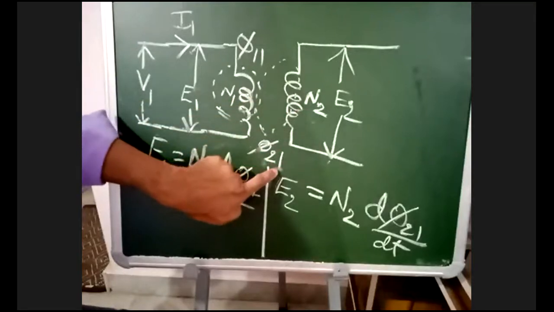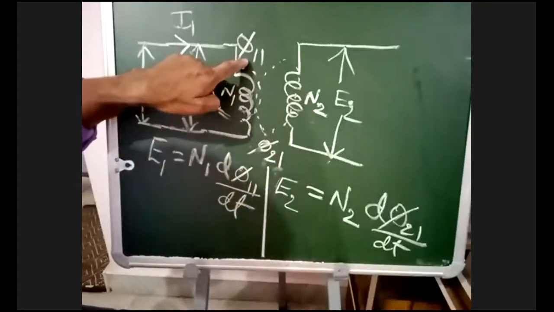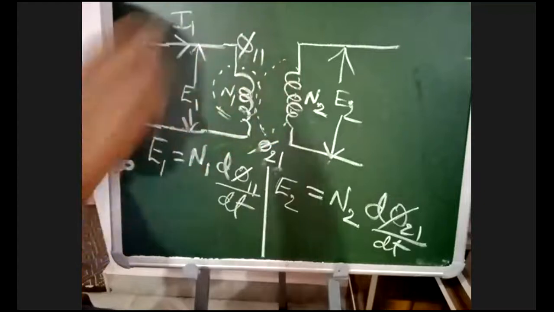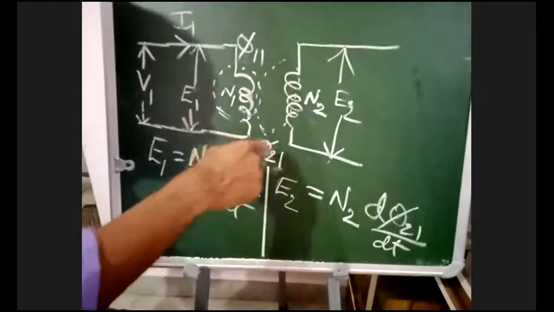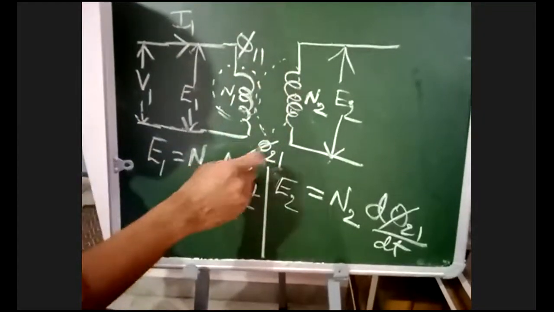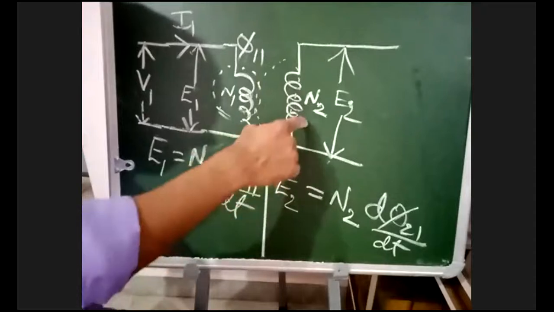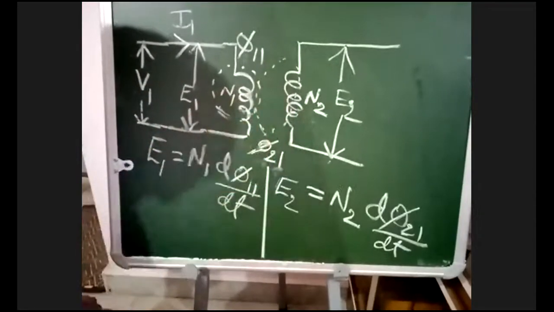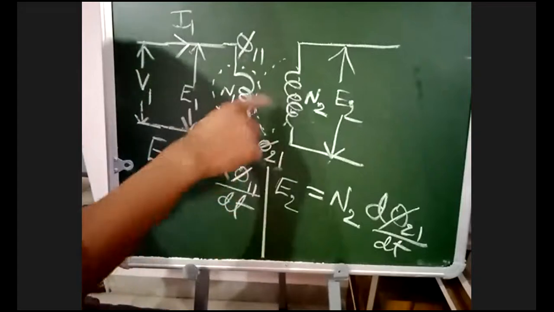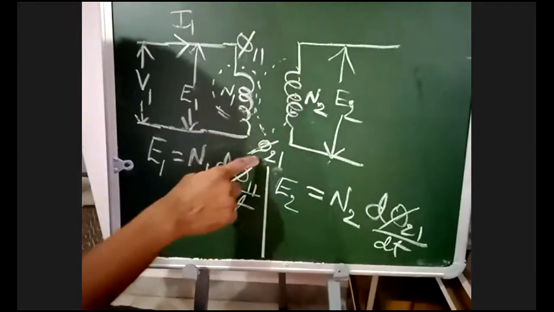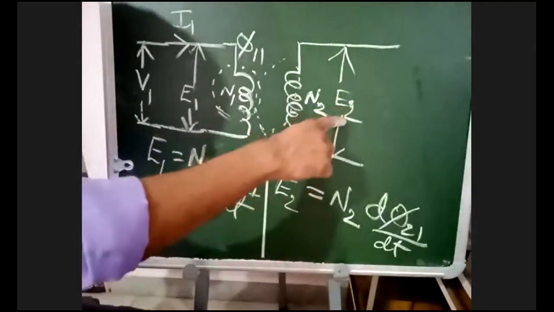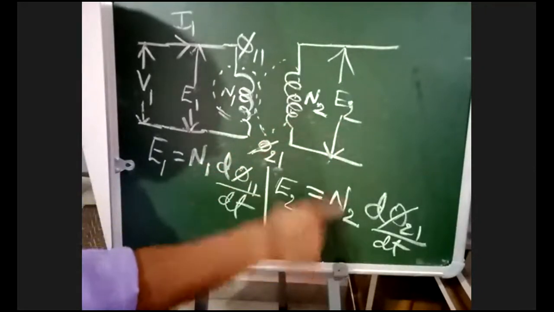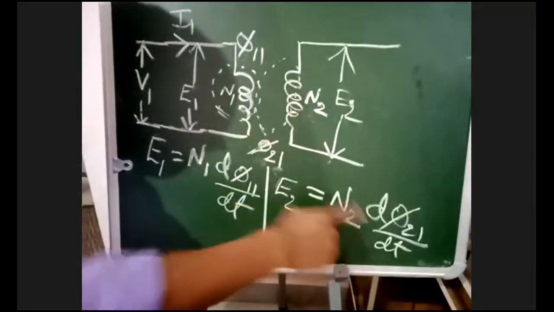Due to Phi11, some part of this flux is linking with the secondary coil, and flux is developed in the secondary coil. The flux developed in the secondary coil is Phi21. This is the mutual flux. Due to mutual induction, flux is developed in the secondary coil, and some voltage is developed in the secondary coil. E2 is equal to N2 into d Phi21 by dt.